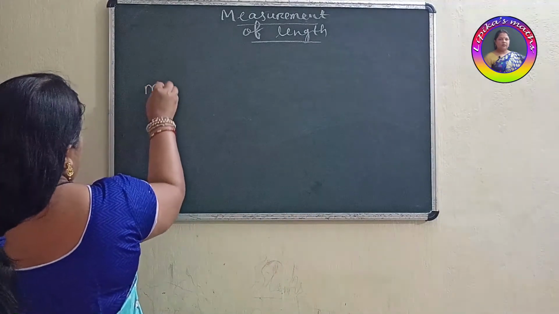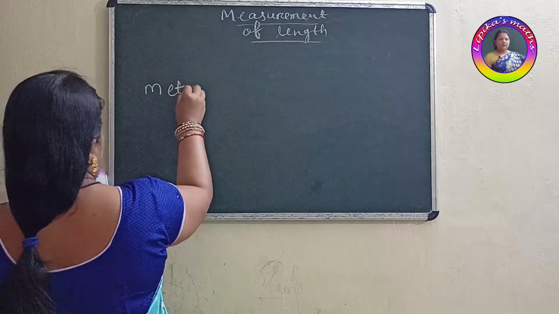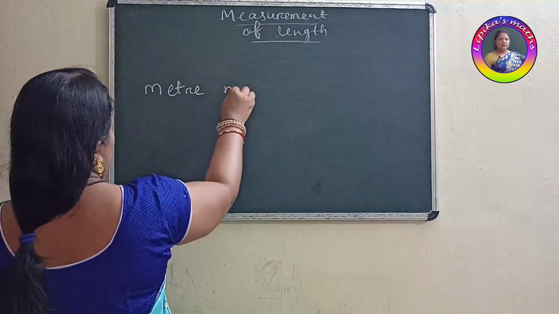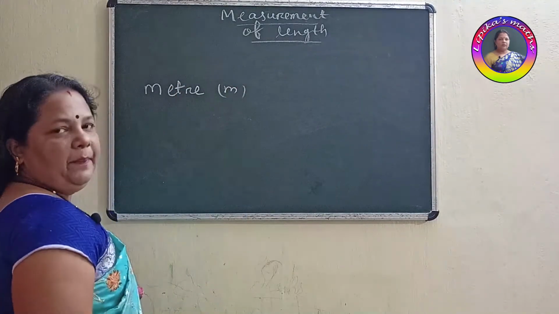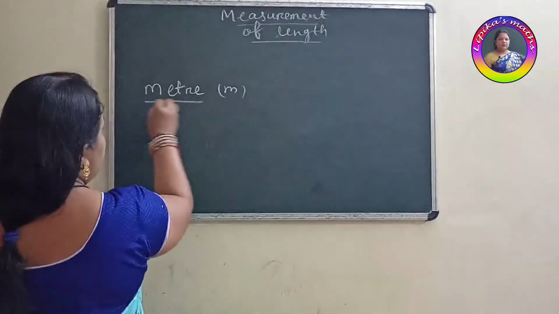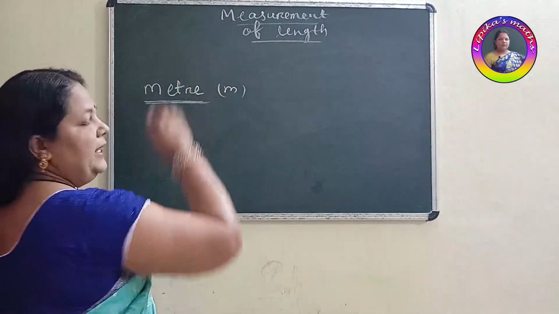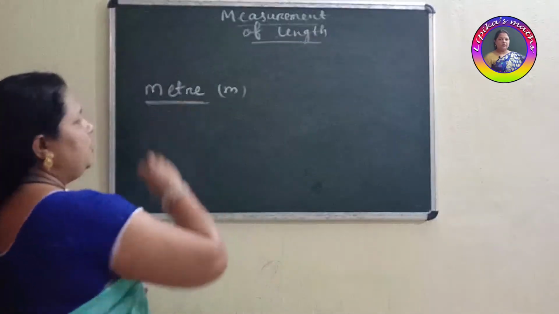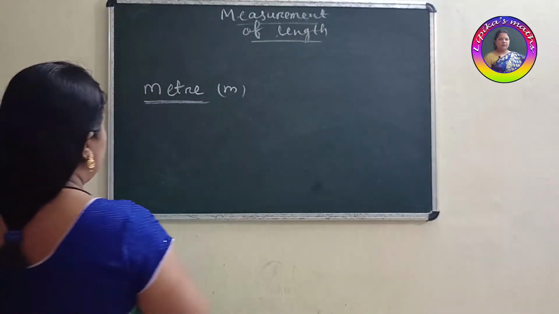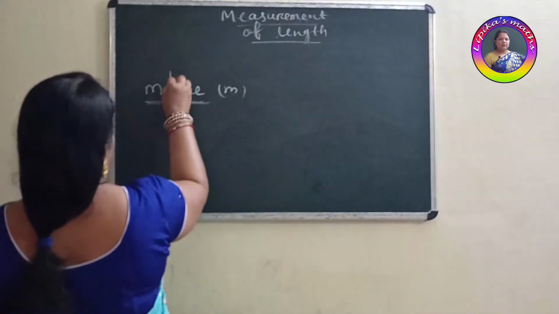This is your meter, or we can write it in short as M. Clear? So nowadays we take this as the standard unit of length, or you can say base unit.